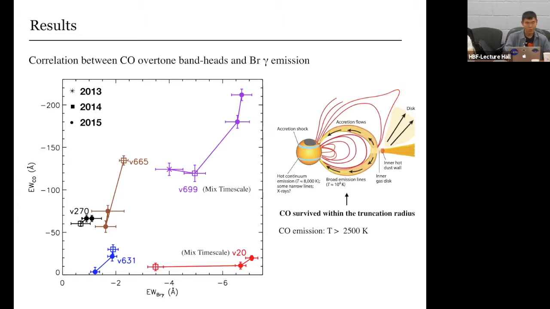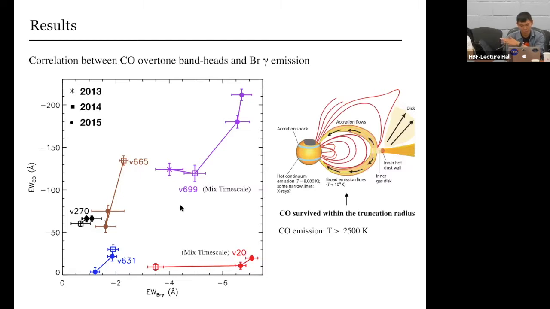For example, the purple one is V699. This object has a very straight trend between 2 nights in 2015, but if you trace the variability in 2014 and 2013, we see a weird trend, which means the CO and Brackett gamma are not closely correlated on timescales of years.